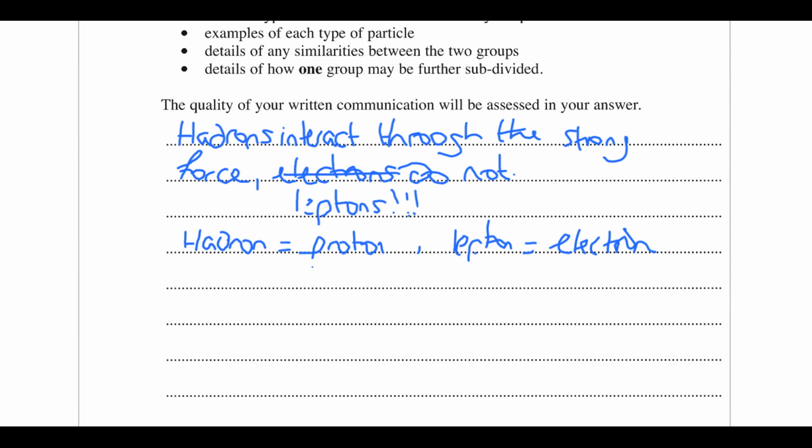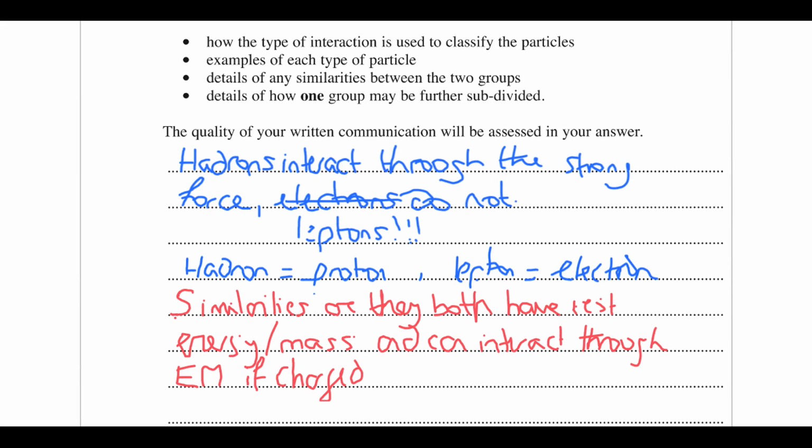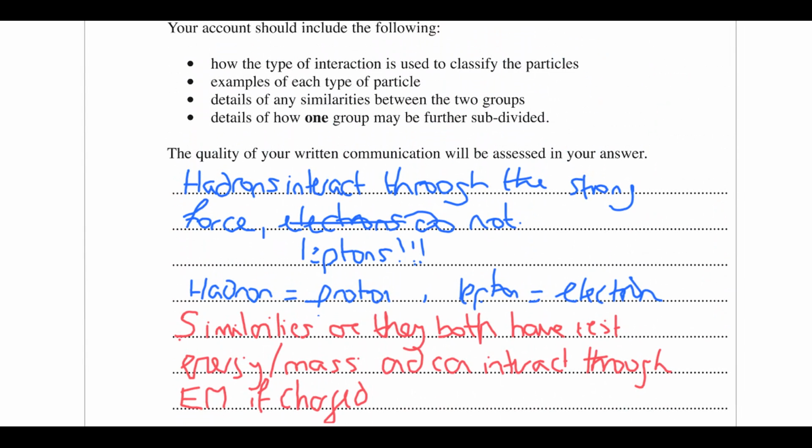That would be a similarity. So that's essentially the similarities really between them. So let's get that down. Okay, so that's our similarities. Both have rest energy or mass and can interact through the electromagnetic interaction if they are charged particles.